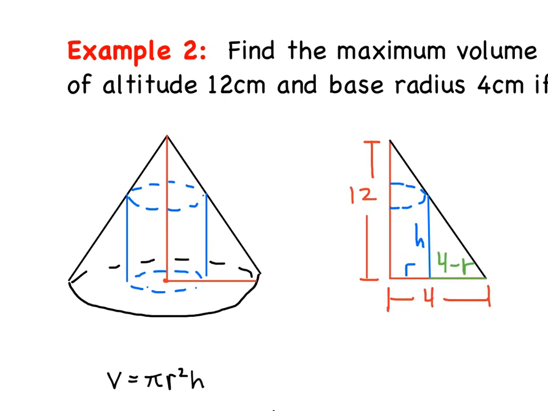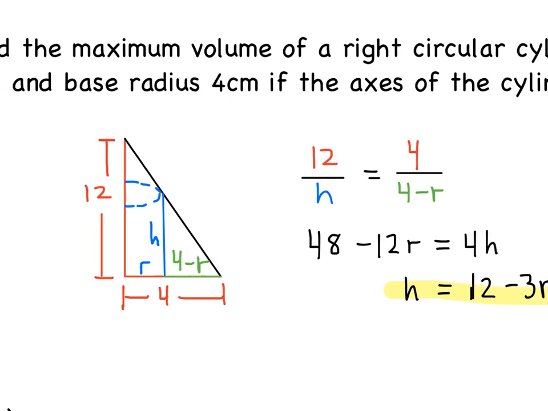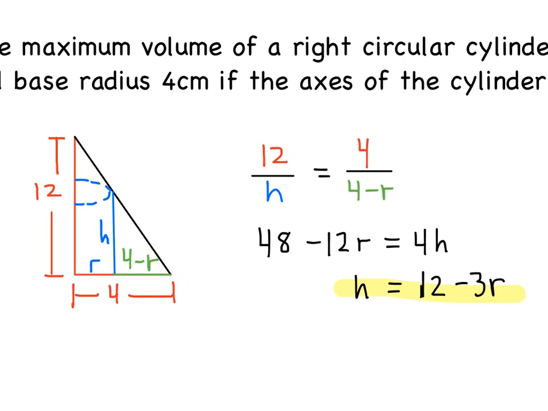Hopefully you recognize we can set up similar triangles. So we can set up the proportion 12, the height of our cone, compares to the height of our cylinder, h, as 4, this entire radius here, compares to this portion of the small right triangle, 4 minus r. So then we would get h is equal to 12 minus 3r.